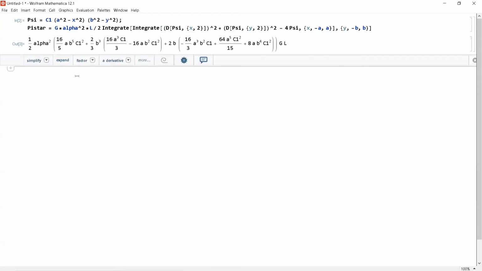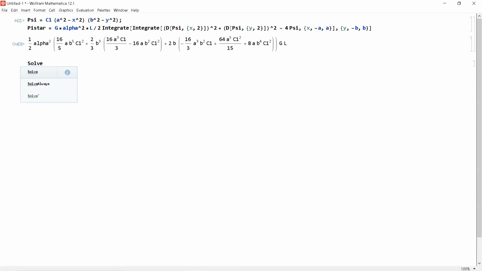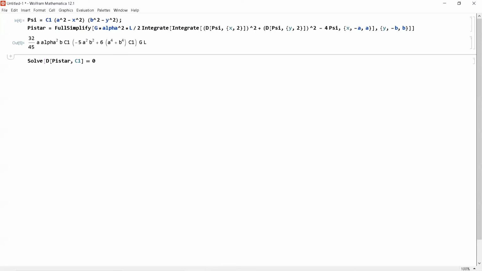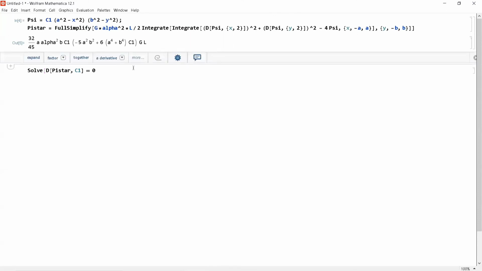Okay, no complaints. So solve the derivative of pi star with respect to C1 equal to 0. And I want to do a full simplify here, so it simplifies all the expressions. It does it very nicely sometimes. Sometimes it doesn't, but it's worth trying. That looks nicer.